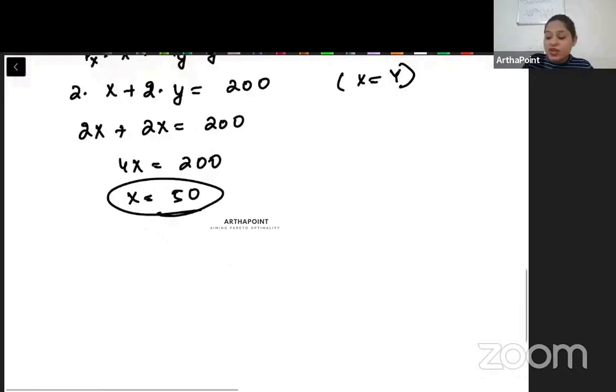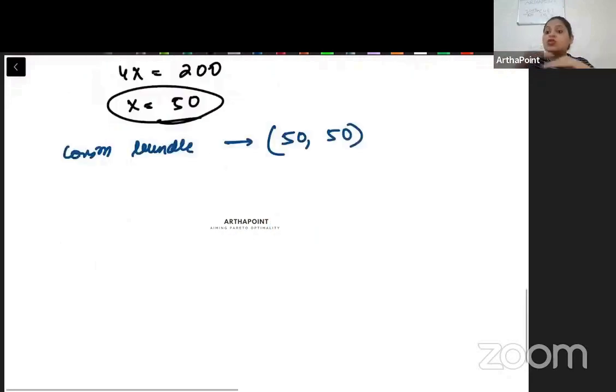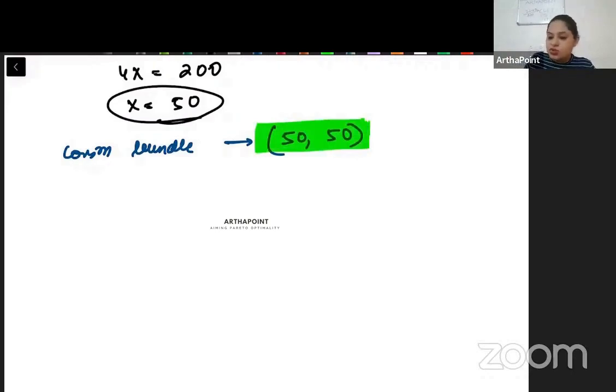So what is he consuming in his current city? His consumption bundle is 50, 50. Now he wants to remain intact, which means he wants his consumption bundle, even in the new city, to be 50, 50. So in the new city, the prices are 2, 3.